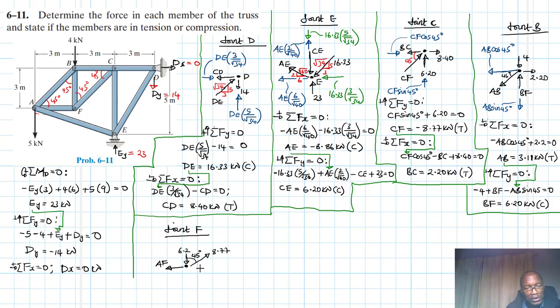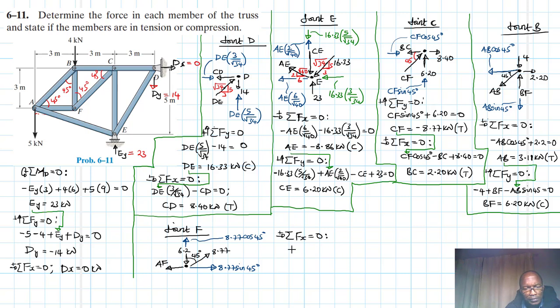So we'll have two components from 8.77. We'll have this component, which is just 8.77 sine 45, and then we'll have another one there, which is 8.77 cos 45.